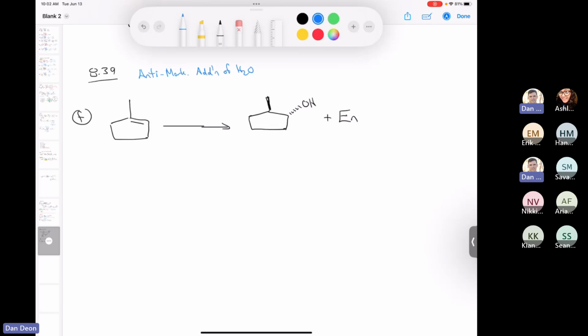I told you don't need to know the mechanism, but you do need to know that it's a syn addition. And the reagents are going to be borane and THF, that complex in the first step. And then in the second step, we need hydrogen peroxide and sodium hydroxide. Good, anti-Markovnikov addition.